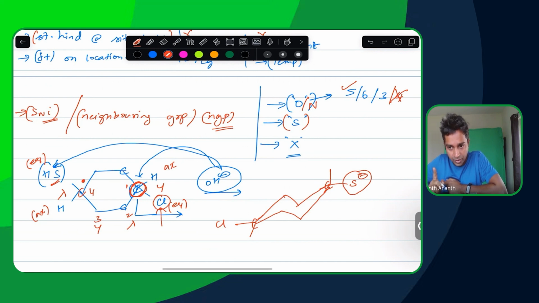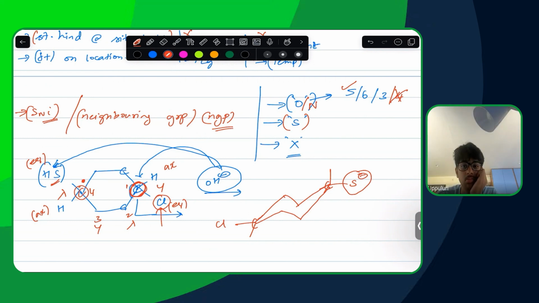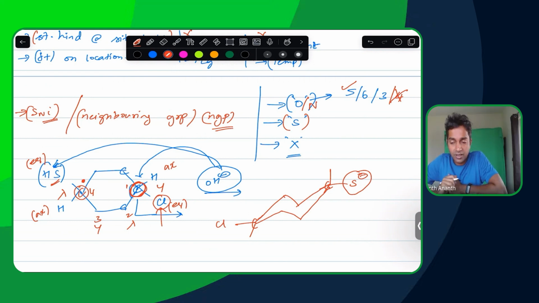That is one possibility, and that is not a bad possibility. Or I can have attack happening on this carbon number 4. Or I can have the ring, basically the bicyclic system, just staying as it is.